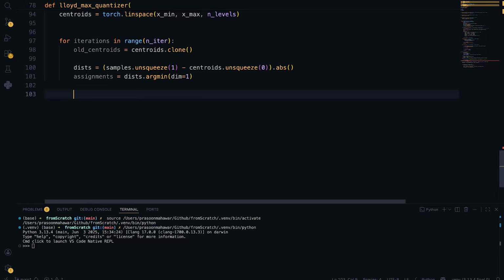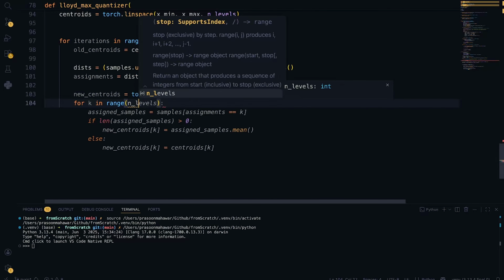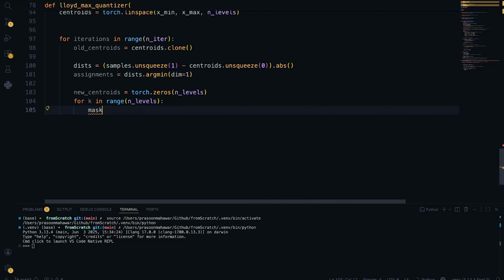And step 2, that is updating centroids to conditional mean. We will have new centroids equals torch dot zeros, n levels. Yeah. And for k in range n levels, we have mask equals assignments equals k.